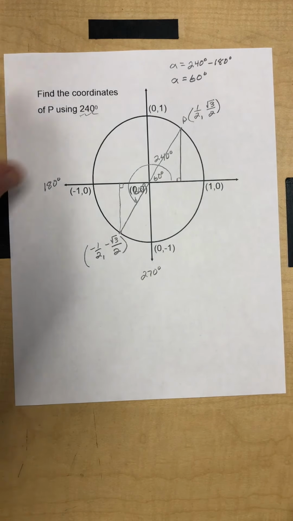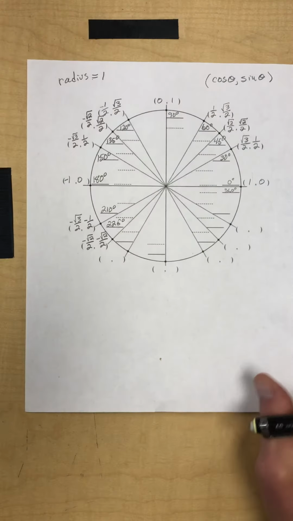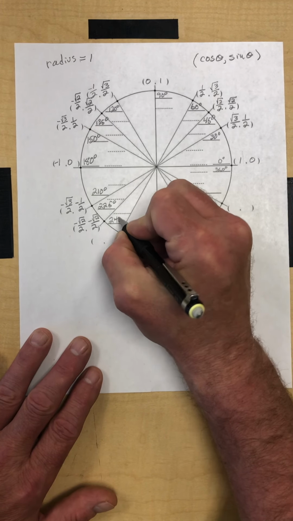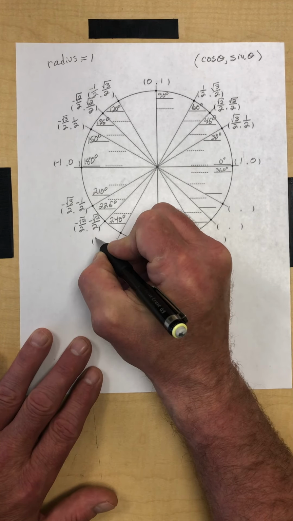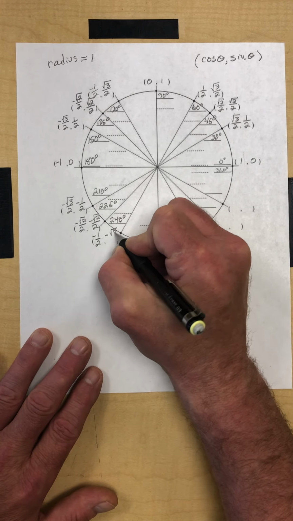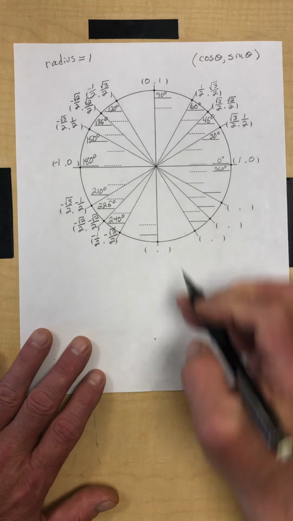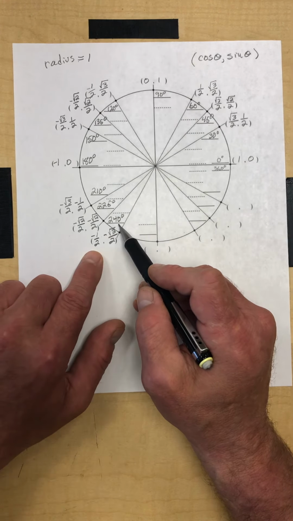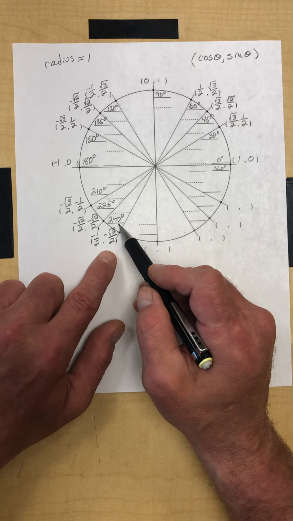Okay, so now we can put our next important angle in there at 240 degrees, and that would be a negative 1/2 and a negative radical 3 over 2. So that would mean, again, cosine, sine. So the cosine of 240 is negative 1/2, and the sine of 240 is negative radical 3 over 2.